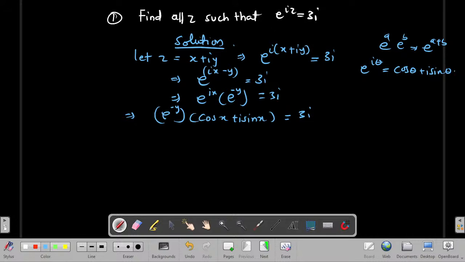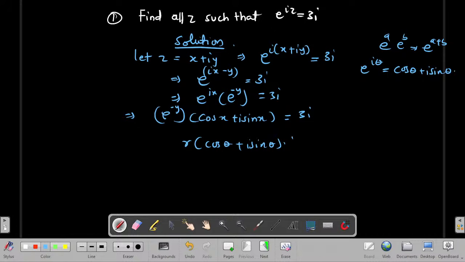Let's see something here. You realize that in polar form representation of complex numbers, you have the general representation to be r multiplying cosine theta plus i sine theta. Is that not it? So if you want to draw some kind of resemblance or similarities, you see that r is equal to e to the power -y.